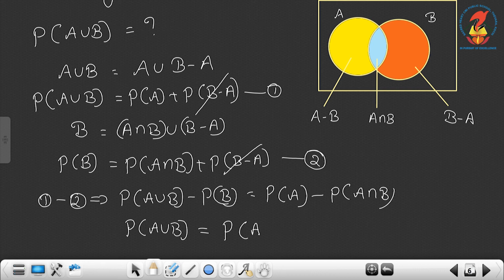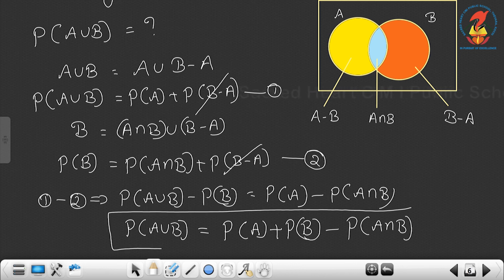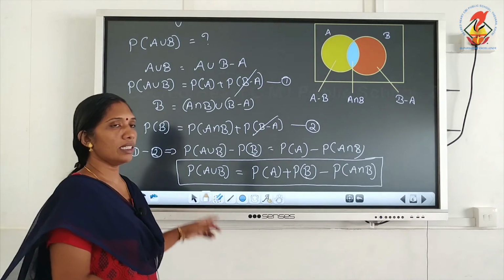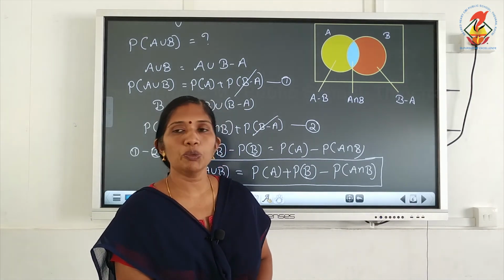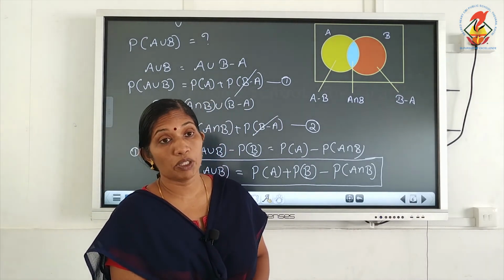P of A on the right side, take this P of B to the other side. So it is plus P of B minus P of A intersection B. So this one you have to learn. Proof is not important, just this result. P of A union B is equal to P of A plus P of B minus P of A intersection B.